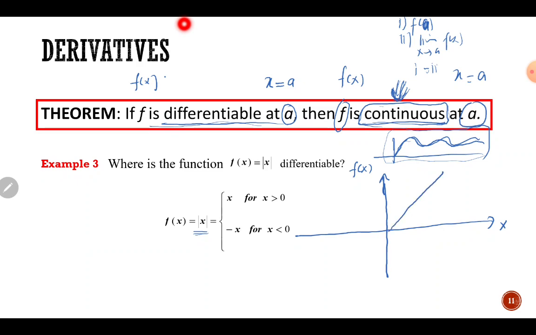Everyone knows the graph y equals x, a straight line with an upward slope. And then for x less than 0, the graph equals negative x, just like a mirror. So this is y equals negative x, and this is y equals x. You all know these are the equations y equals x and y equals negative x, right?